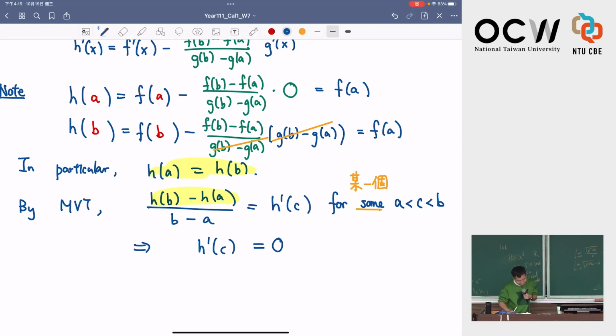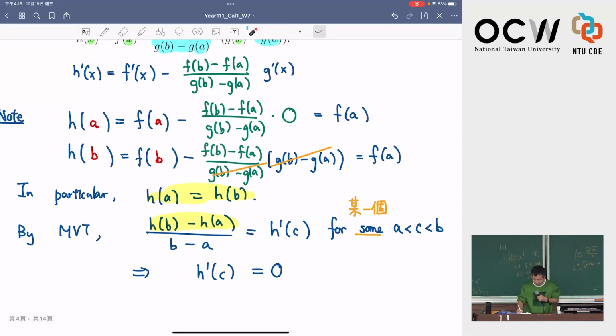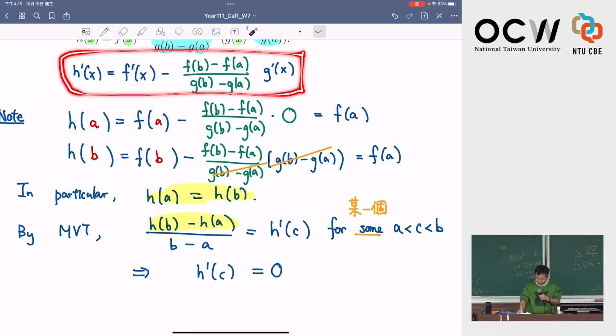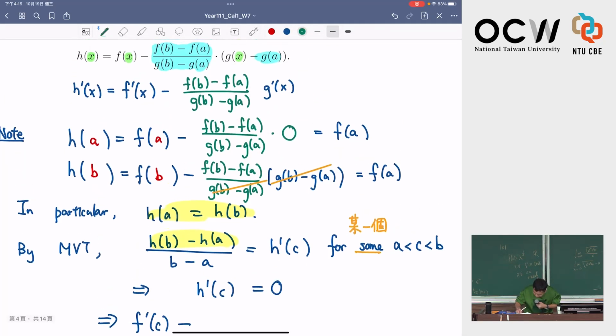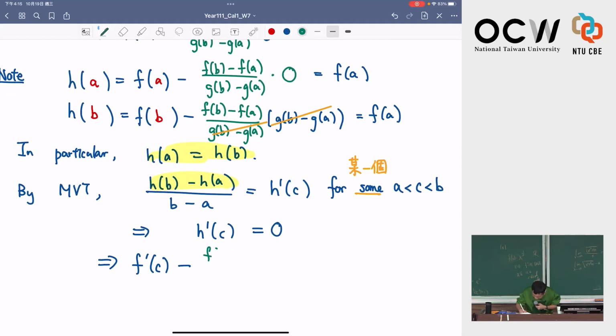If h prime of c is 0, we calculate h prime above, hence we have f prime c minus this horrible fraction, fb minus fa divided by gb minus ga, and then times g prime c equals 0.